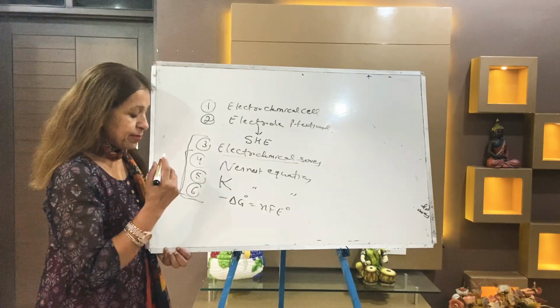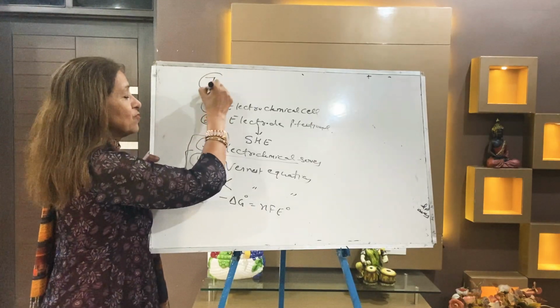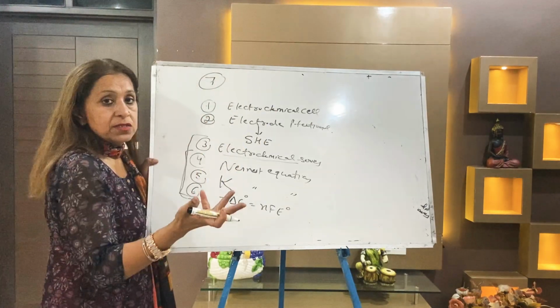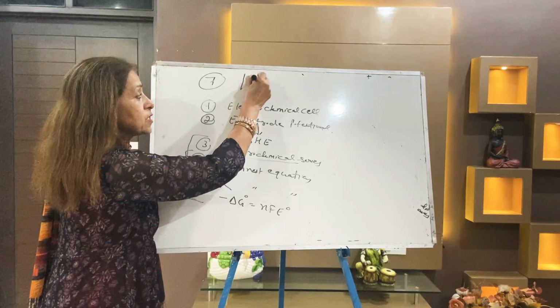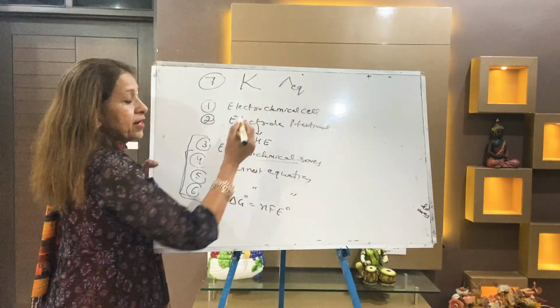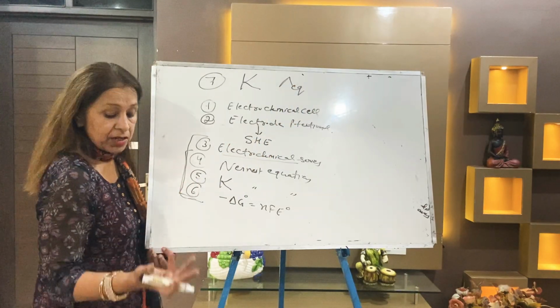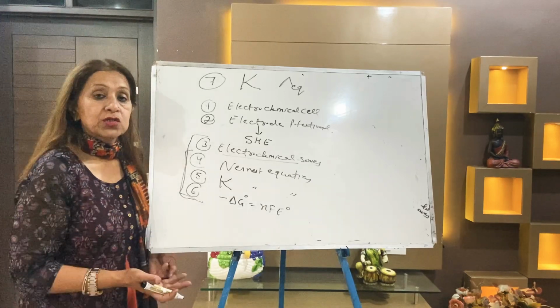After attempting the 6th topic, we started with the 7th topic, conductance: specific conductance K, equivalent conductance, molar conductance, their numericals, and the relation between them. What is resistance? What is conductance?